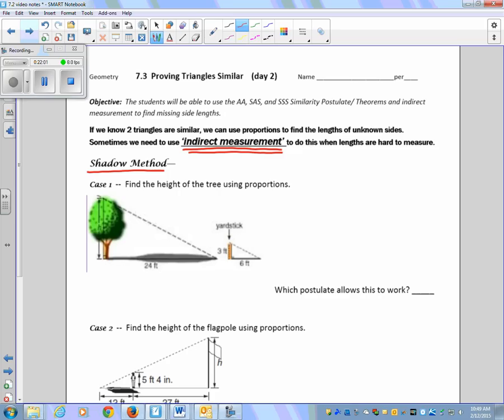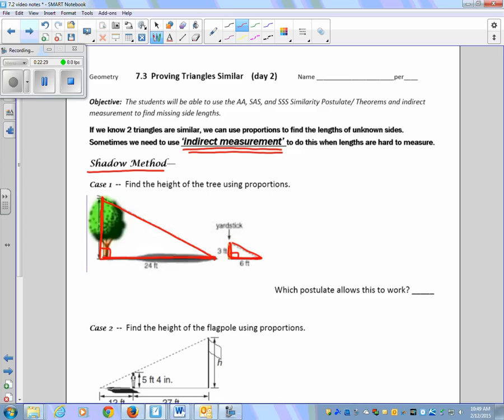For example, if you hold a yardstick up, which is 3 feet tall, and you measure its shadow is 6 feet, then when you go to a really tall object like a tree where you don't have a tape measure that can measure all the way up the tree, you could just go along the ground and measure the tree's shadow. If you do that, you've created 2 similar triangles.